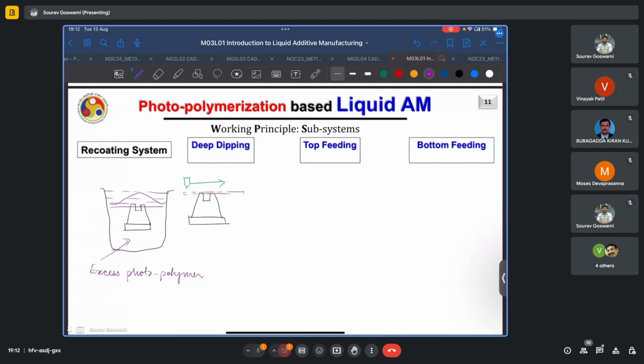The third, of course, is called bottom feeding, where, similar to the previous case, we are building along the negative Z direction, in which with each movement of the build plate along the positive Z, you now have this tiny space at the bottom which needs to be filled with resin.